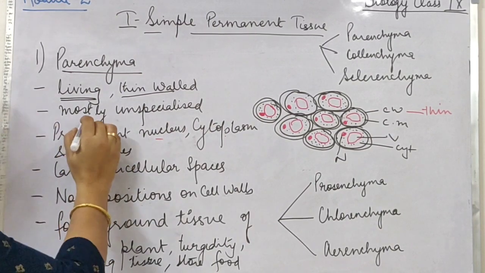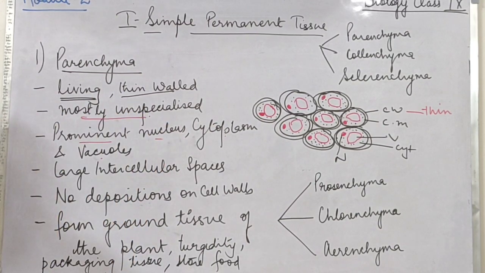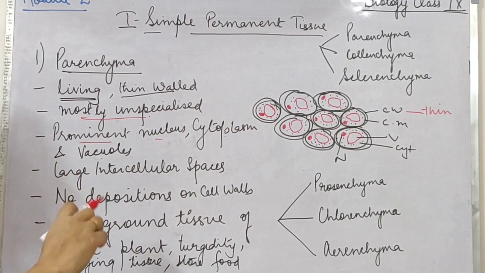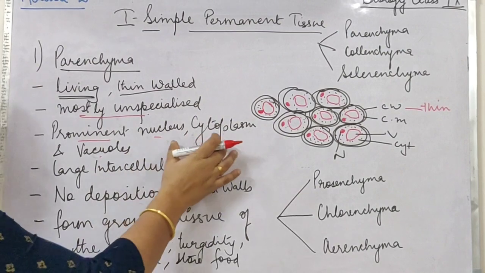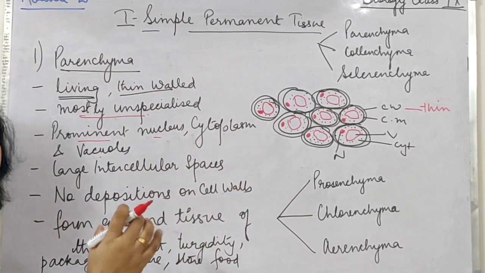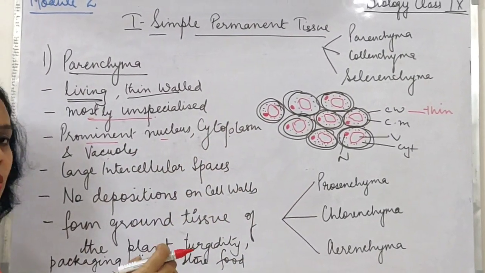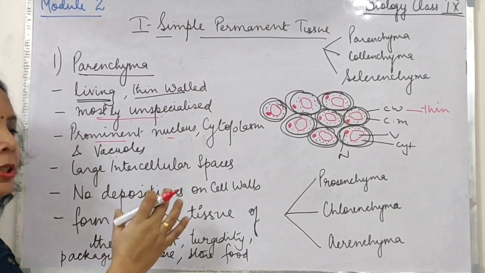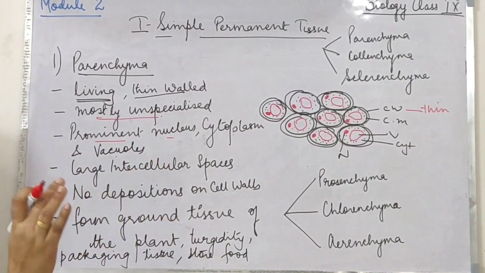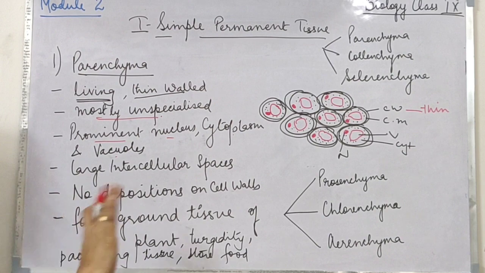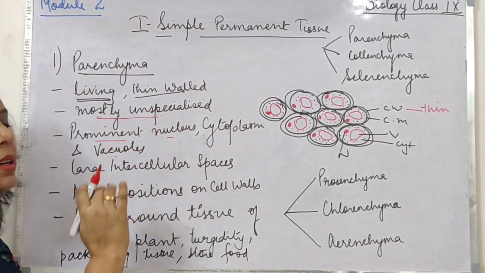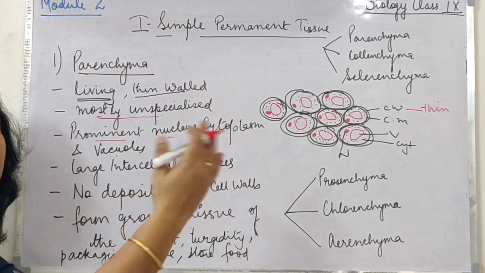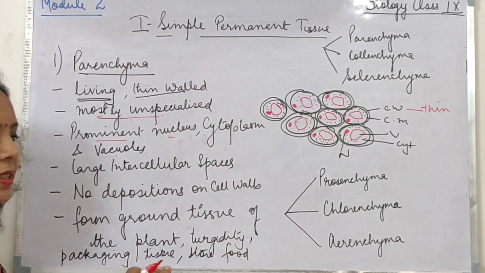Now children, these are mostly unspecialized. Unspecialized means they do not have a very specific function. However, we'll get to know that they form the ground tissue or the storage tissue of the plant. That means just beneath the epidermis, everything within the plant is our parenchyma, apart from the other specialized cells.